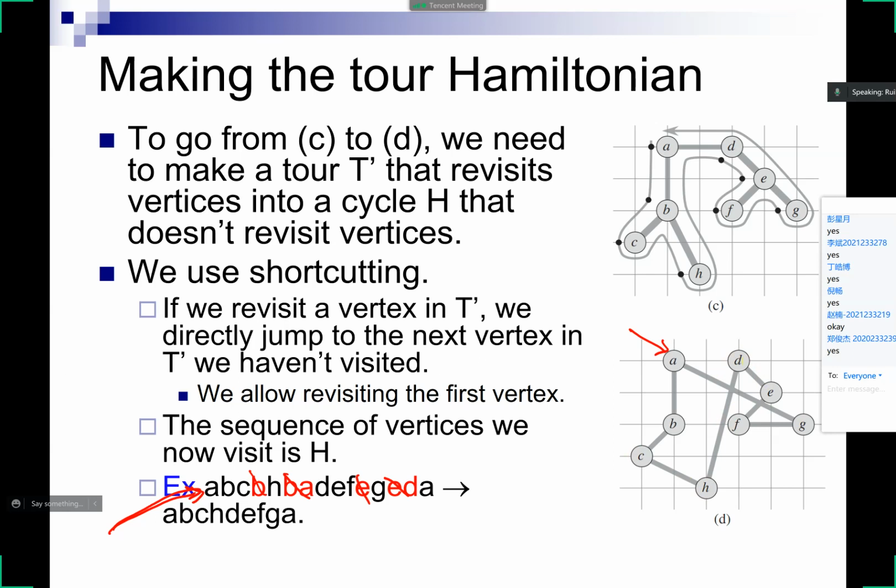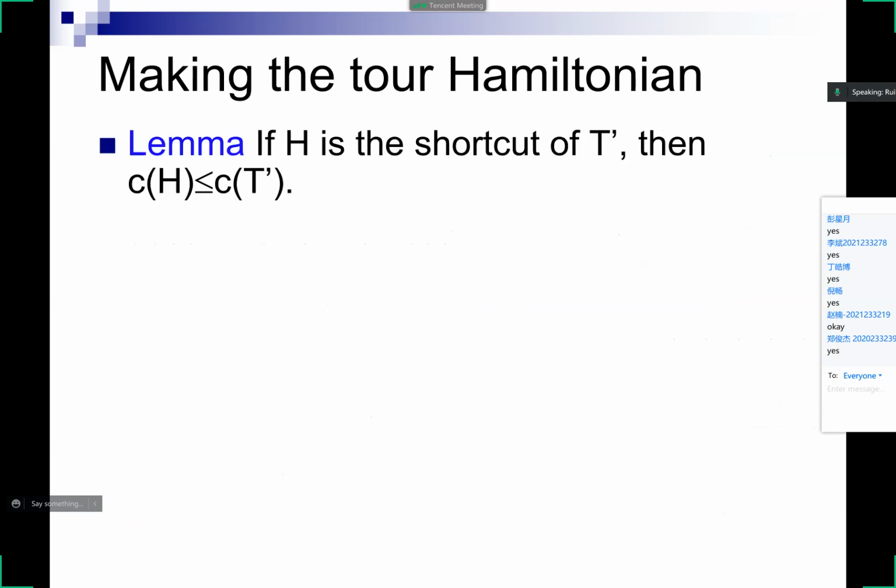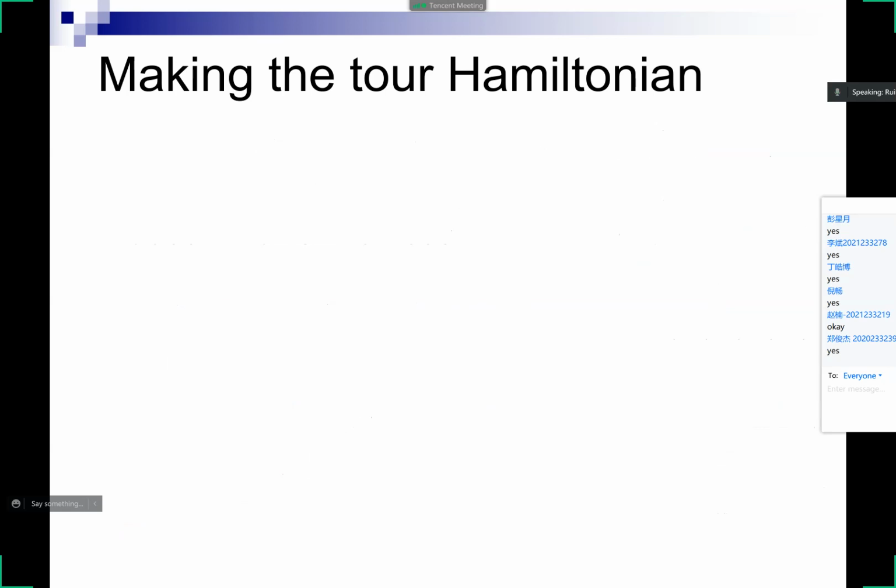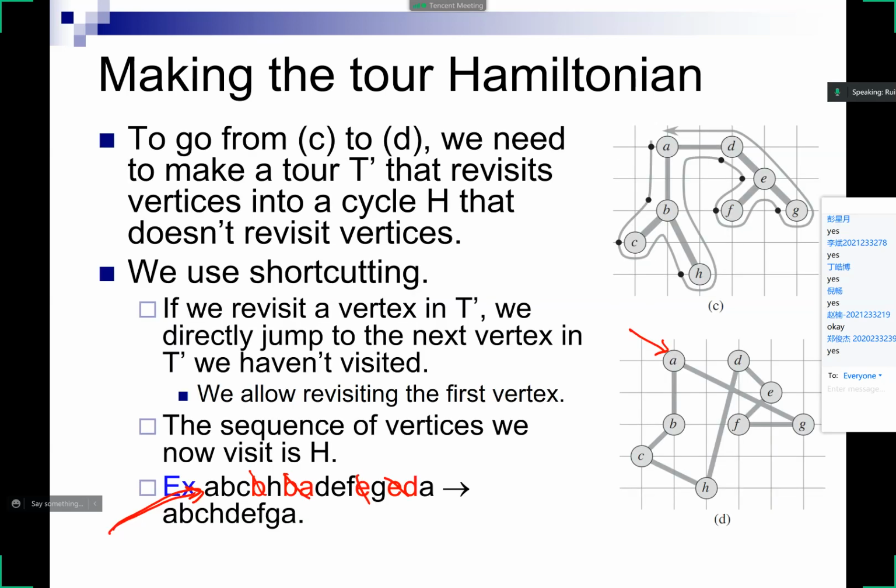Okay, all right. So now we can prove that we have a 2-approximation. We need to use a few lemmas. The first lemma is that what's very important about the shortcutting procedure is that it does not increase the length of the DFS tour. Imagine that you have this DFS tour right now, and it's got some certain length.